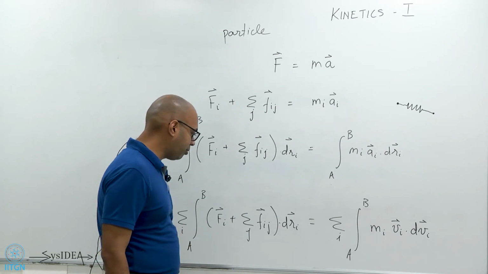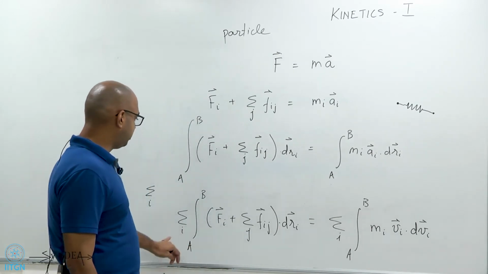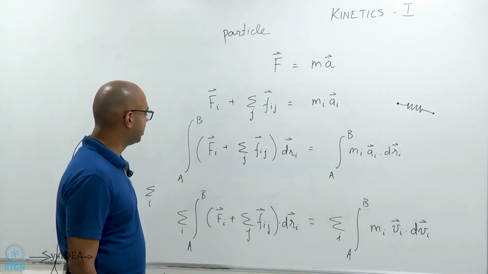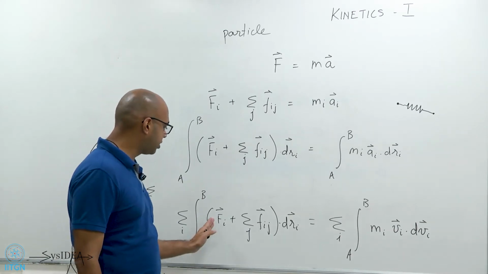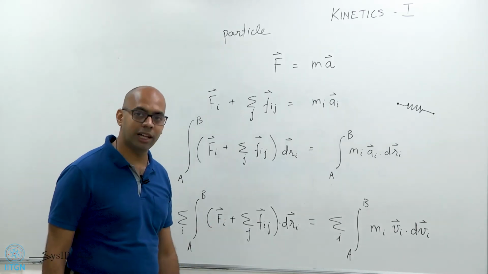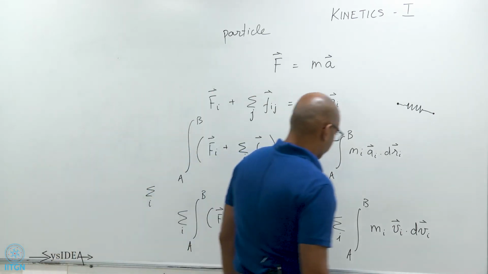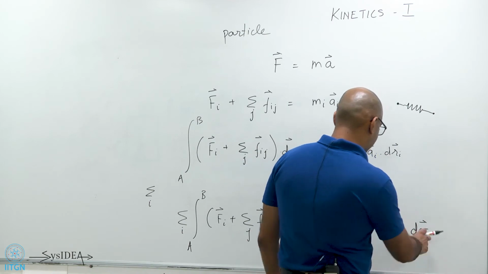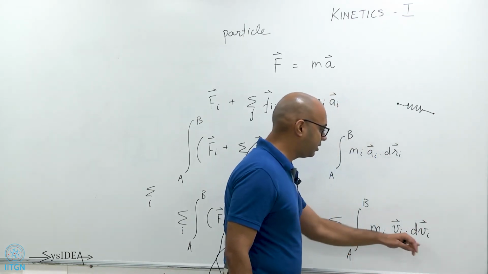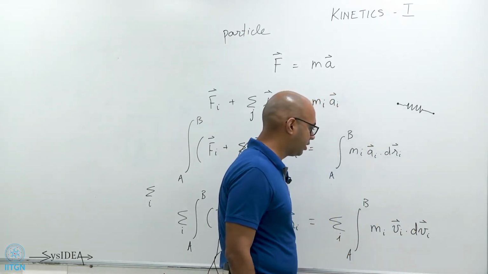So it's a little more complicated to work this out for a system of particles. You will see that you get work done due to external forces and work done due to internal forces. And on the right hand side, again, you can split this into a bunch of terms.